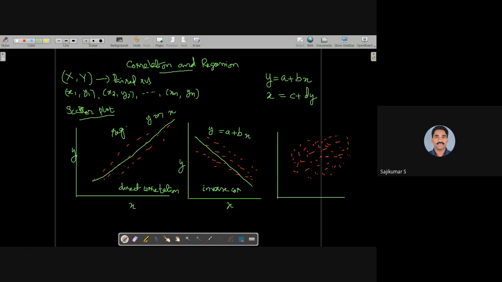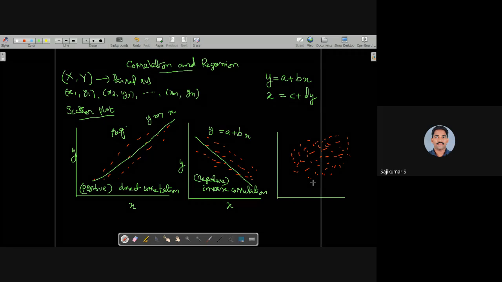From the name itself, it is clear why it is called inverse correlation, because as one variable increases, the second variable decreases. Direct correlation has another name, positive correlation. So this is called positive correlation, and this is the negative case, negative correlation.